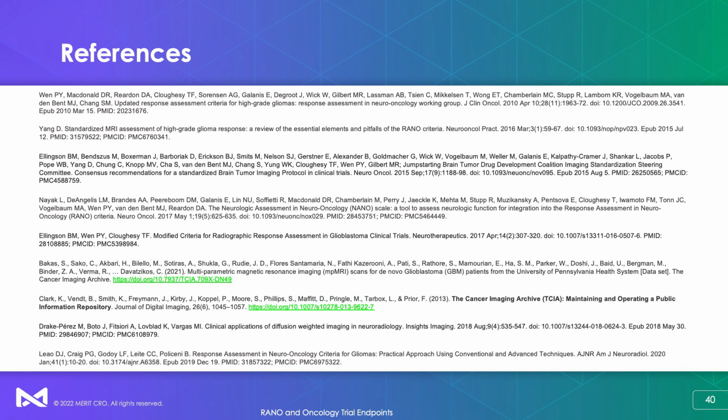So the iRANO takes care of that possible pseudo, my apology, did I say pseudo response? Pseudo progression, actually. The pseudo progression does not always exclude the patient from the trial because there could be a response coming after that. So the iRANO has slightly different algorithms to take care of pseudo progression issues. That would be the main difference between the RANO and the iRANO.